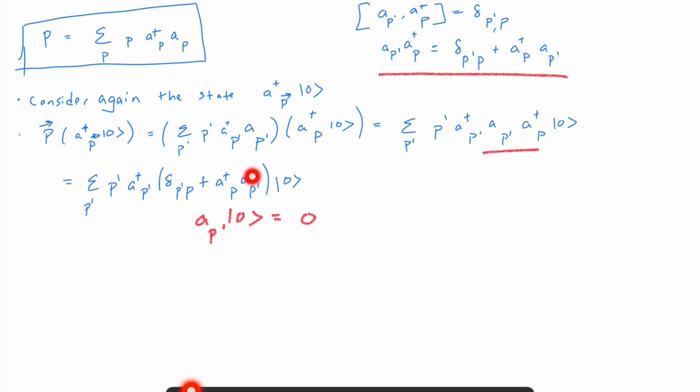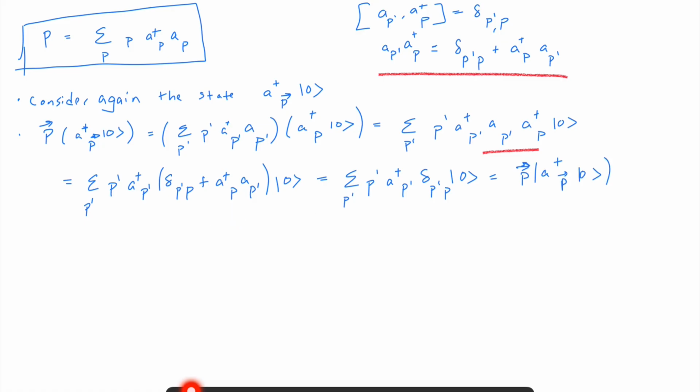So this term cancels out because you have an A p right next to the ground state. Then this whole thing simplifies, if I apply the delta function, which forces p to equal p prime. Every time I see a p prime, it equals p by this delta function, and I get this final formula: p, A dagger p on the ground state |0>.